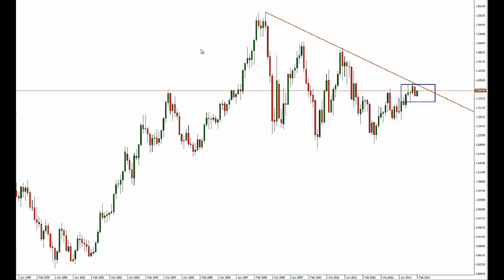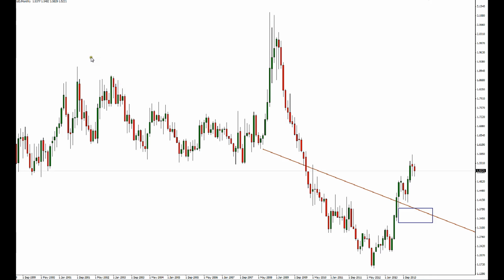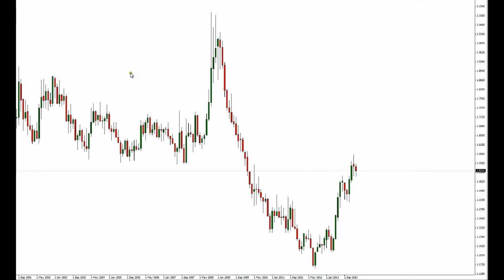The first one is when we are seeing a doji, and I will show you an example: Euro Australian dollar. Here it is. The last candle put a doji. A doji means a fight between buyers and sellers. A doji means indecision.